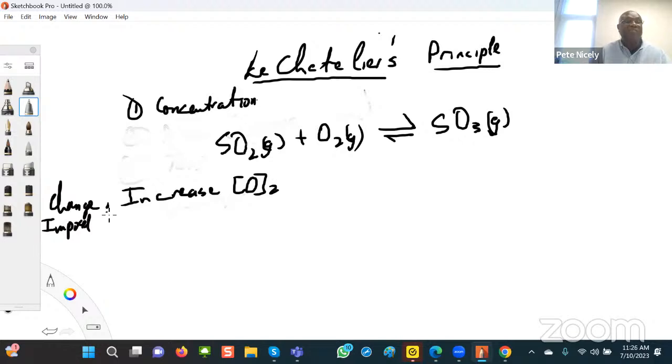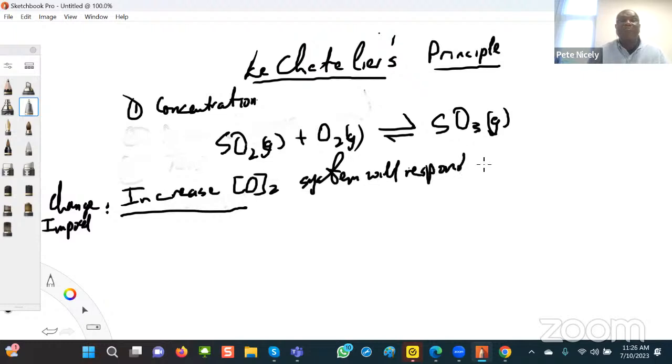According to Le Chatelier's principle, if this is a change imposed, then the system will respond by decreasing the concentration of O2.